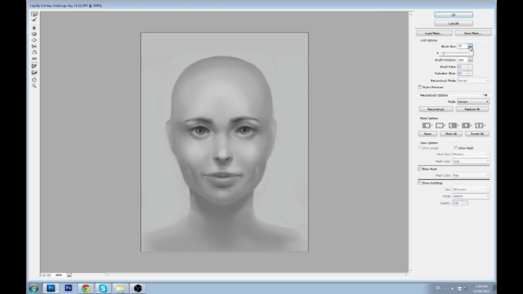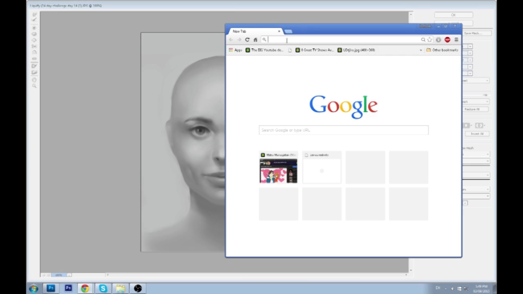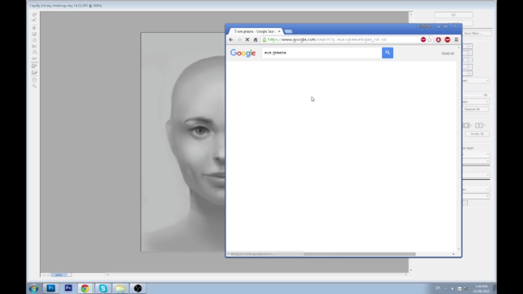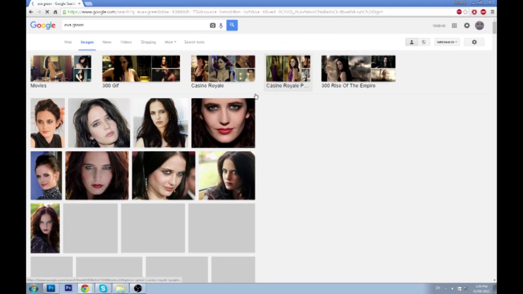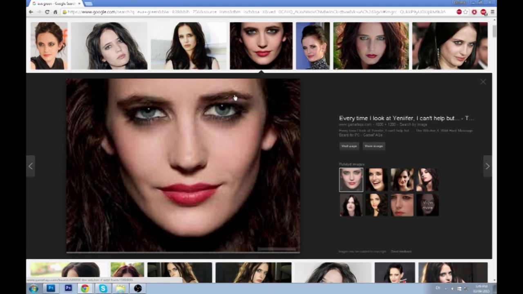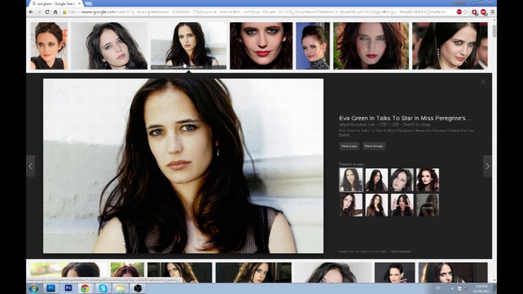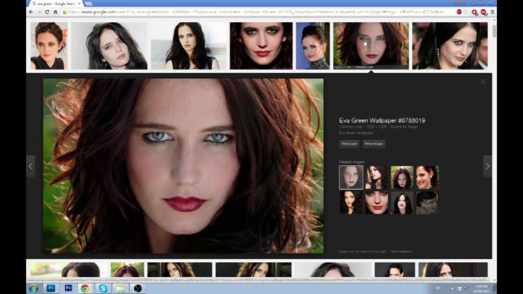So let me show you an example of this in real life. A woman with a very, very non-existent eyebrow arch. Her name is Eva Green. She has non-existent eyebrows, very, very flat brows. If you cover half her face, she's got the most unexpressive top half of her eyes.